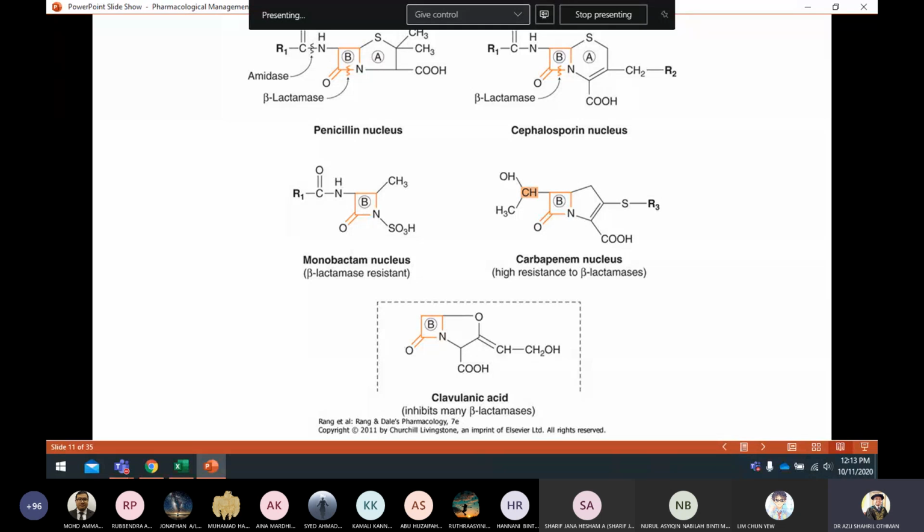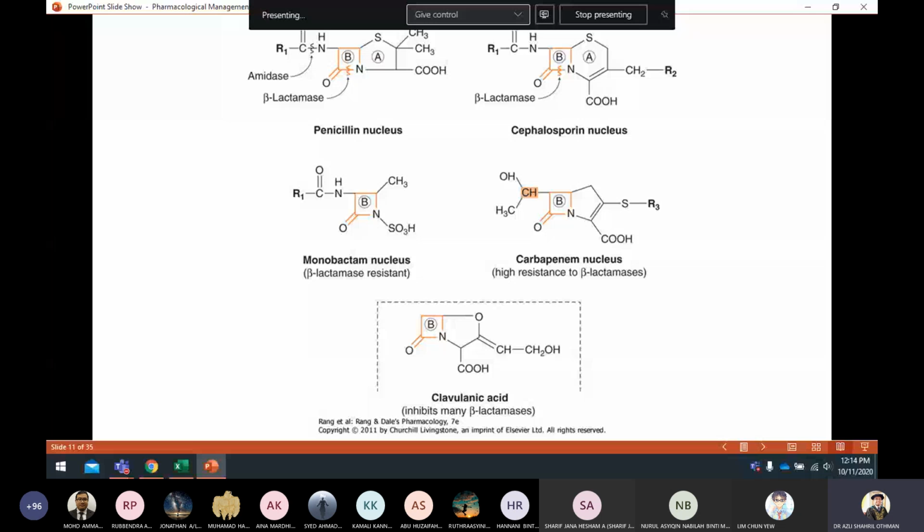There are slightly more recent cell wall synthesis inhibitors which also have a beta-lactam ring, but their beta-lactam ring is more resistant to beta-lactamase. Meaning these drugs do not need to be given together with clavulanic acid. Their beta-lactam rings are good.